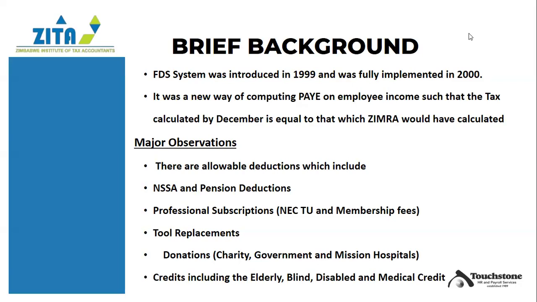But then the toolbox, there's a clause that then says if you break or if you lose any tool, you are supposed to replace it yourself. So if they replace those tools, the amount they use to replace them is also an allowable deduction. They can bring that to the payroll office and they can also claim, and it can reduce their taxable income.